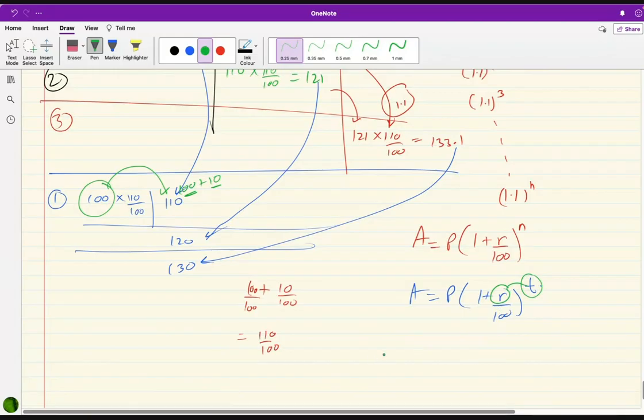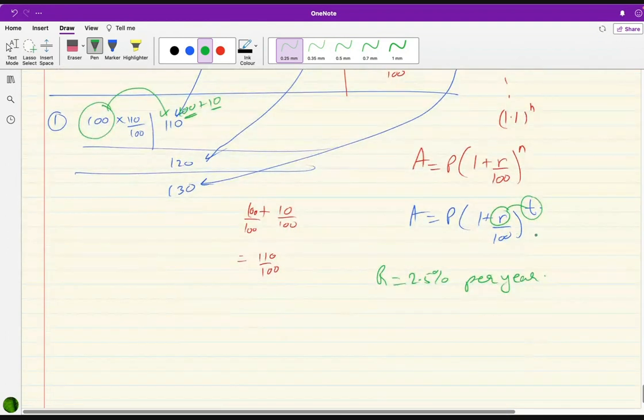For example, he says R is equals to 2.5% per year. So we will substitute time in years. And if the question says time is equals to 6 months, so we will put A is equals to P, and let's say R is 2.5.